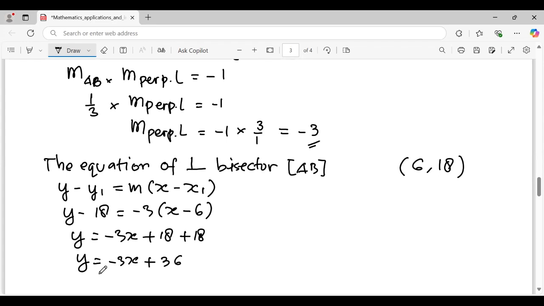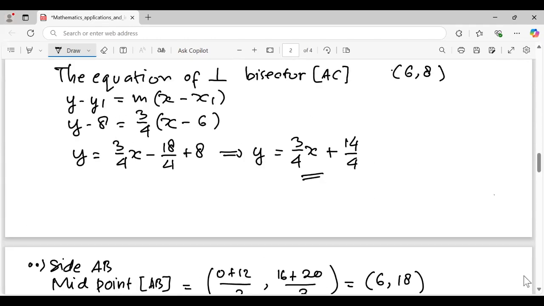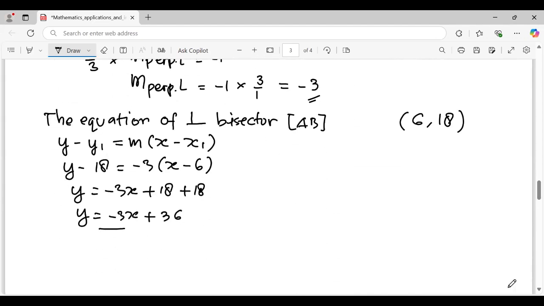So this is the second equation. The first equation is 1, and the second equation is 1.